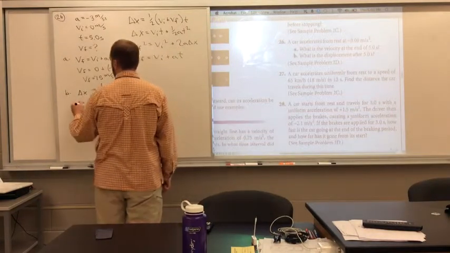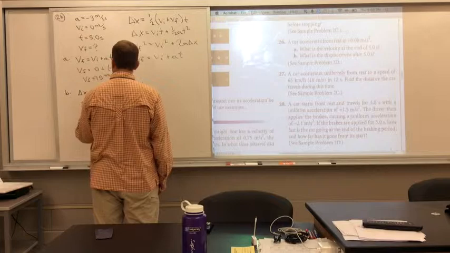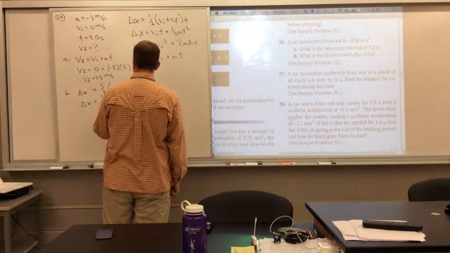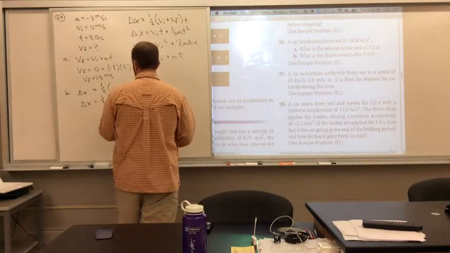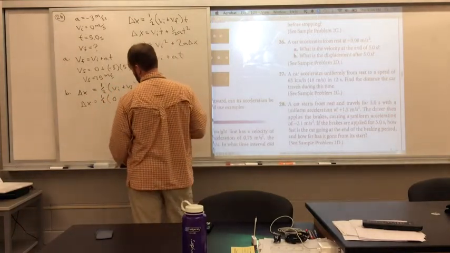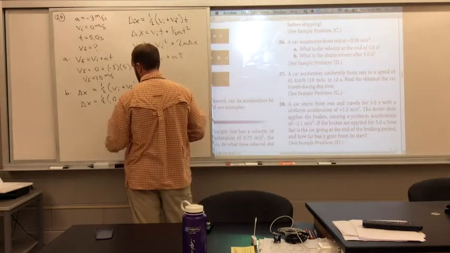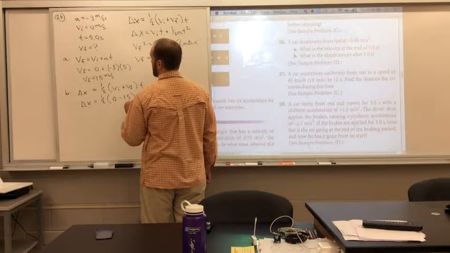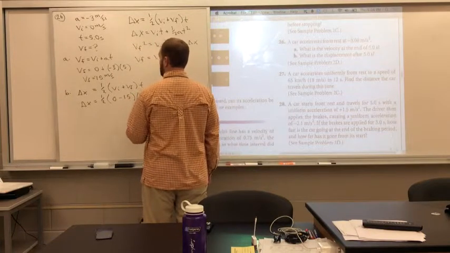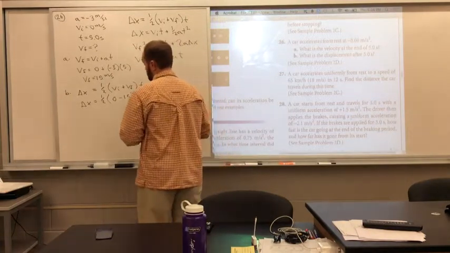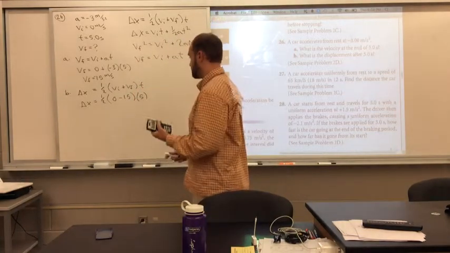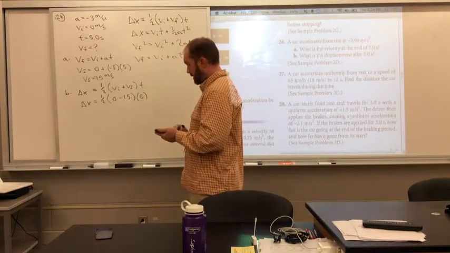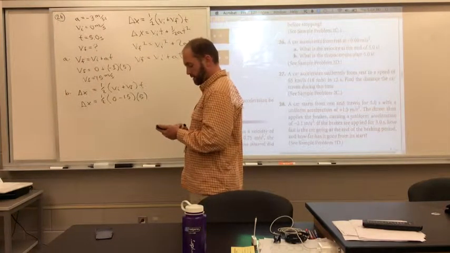If I plug into that, I get half of 0 plus 0 plus a -15, which is the same thing as 0 minus 15, times time. My time is 5 seconds. Zero minus 15 times 5 times 0.5.